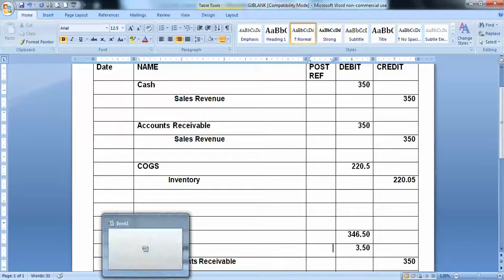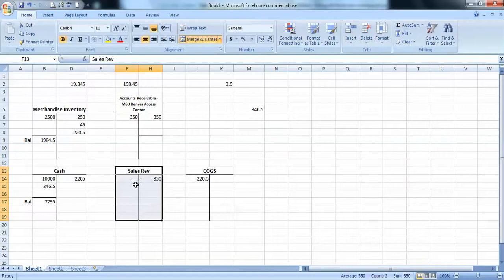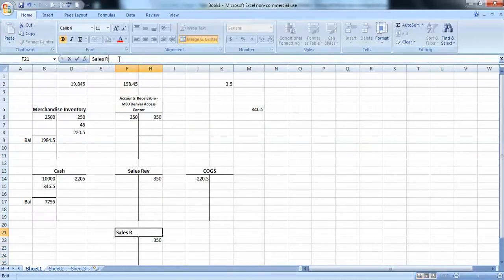And if we go ahead and finalize this in the ledger, we can remove the Access Center's $350 off the books. We can record that we got the cash in the door of the $346.50, and we would have a sales discount ledger account, and I'll go ahead and set that up very quickly. It's a contra revenue account, and so therefore we are going to have it naturally entered on the debit side.